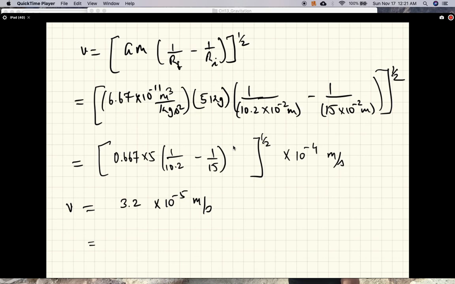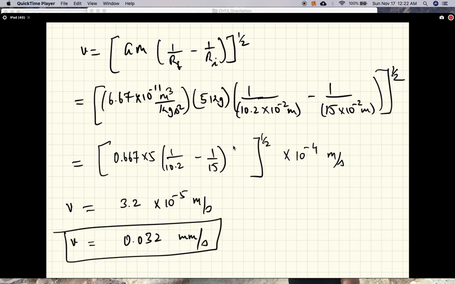Let's convert this to millimeters per second. So 10 to the minus 3 meters is a millimeter, so that's 10 to the minus 2. So 0.032 millimeters per second. That's how slow they will be moving at impact. Just goes to show you how weak the gravitational force is. All right, and that finishes this problem.